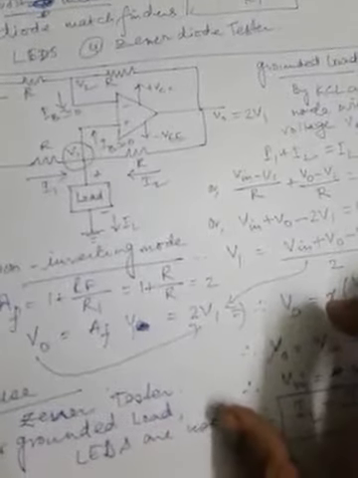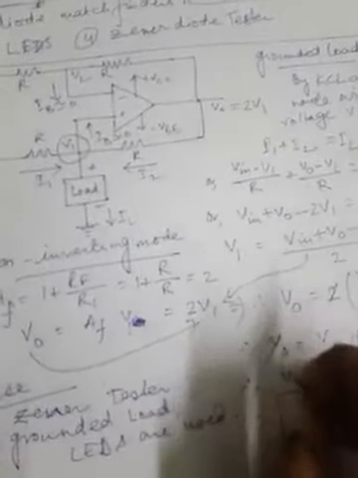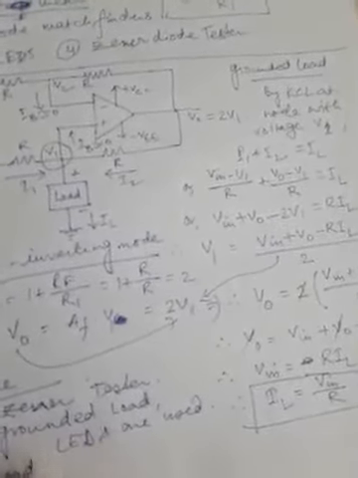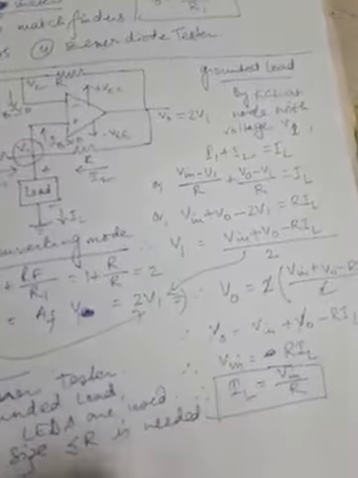But the circuit will perform satisfactorily provided the load size is less than or equal to R. For better performance, load size less than or equal to R is needed. So this is all about the voltage to current converter.